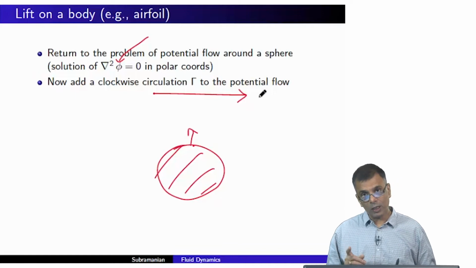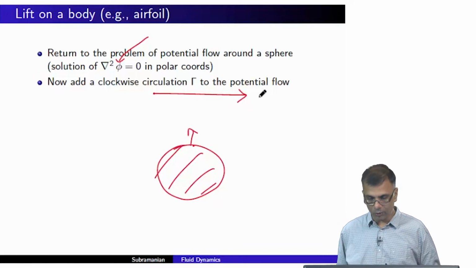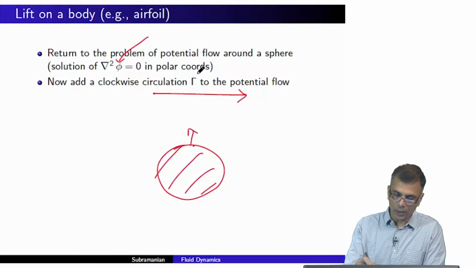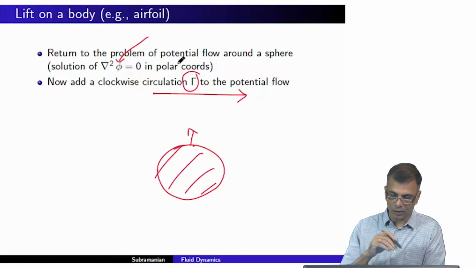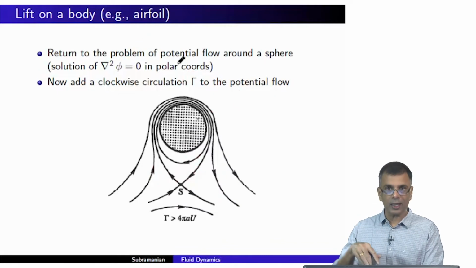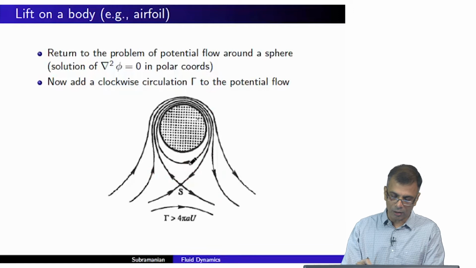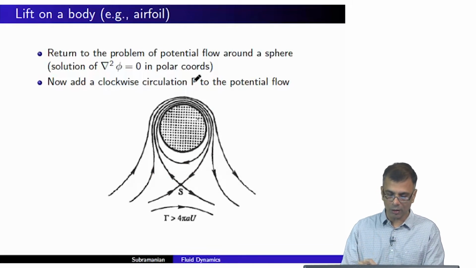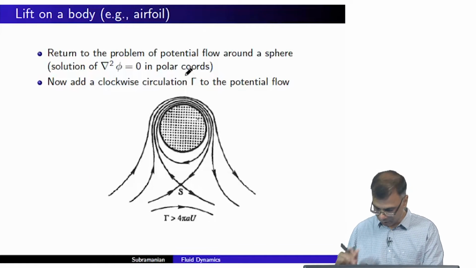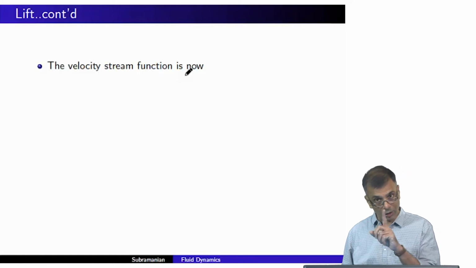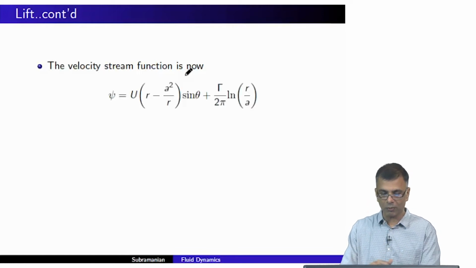Now, the only difference in the treatment is that we are adding a clockwise circulation to that solution. So by hand we are forcibly adding a circulation to the flow. You have seen this diagram before. We are adding a circulation gamma, capital gamma, to the potential flow, and that makes the stream function, not yet the velocity, to be this.